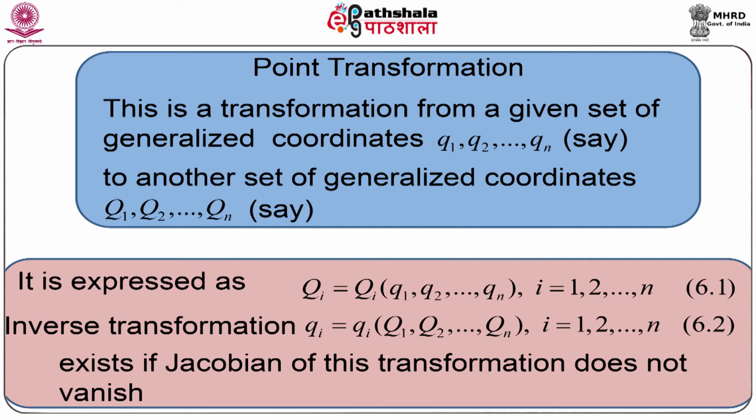Now, we shall define point transformation. A transformation from a given set of generalized coordinates small q1, small q2 up to small qn to another set of generalized coordinates capital Q1, capital Q2 up to capital Qn is called a point transformation and is expressed as capital Q_i equal to capital Q_i function of small q1, small q2 up to small qn, i varying from 1, 2 up to n.